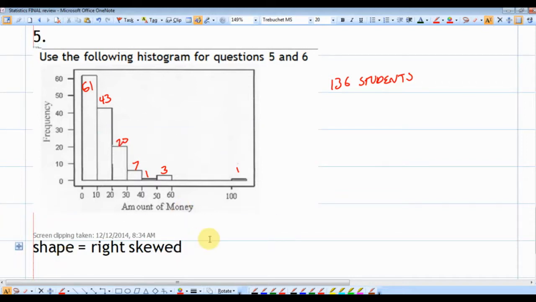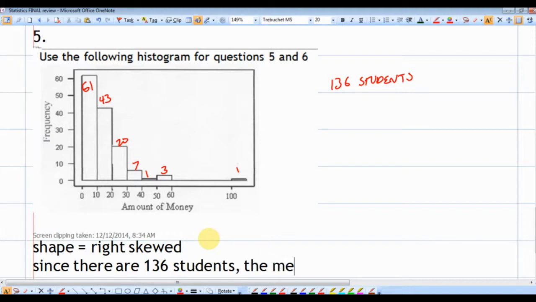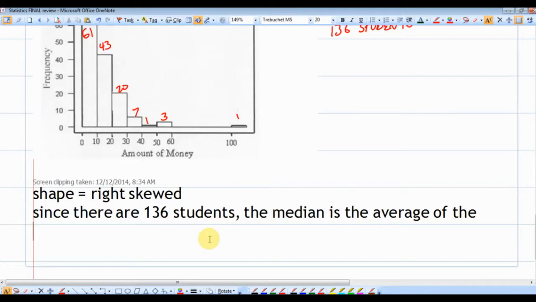Well, the median, since there are 136 students, is the average of, let's see, 136 divided by 2, 68. The 68th and 69th student.